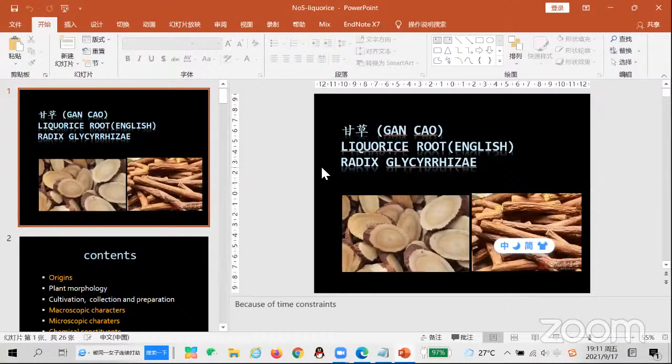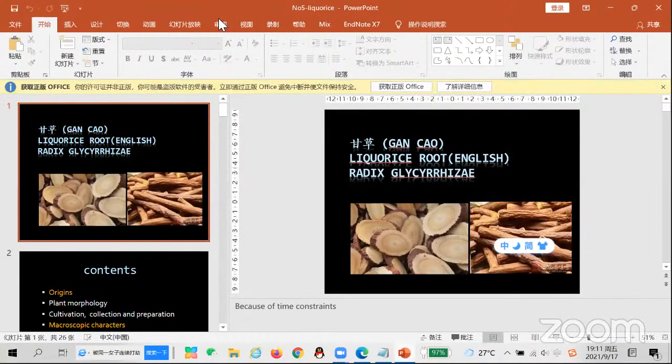Because of time constraints, we talk about this cooling drug briefly.